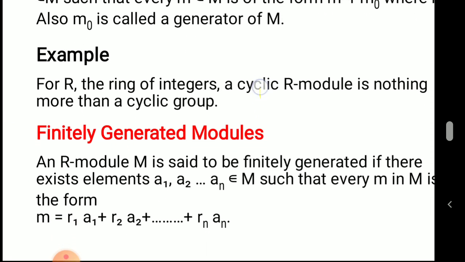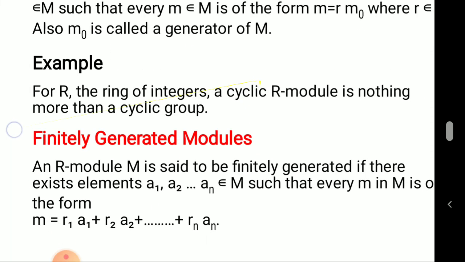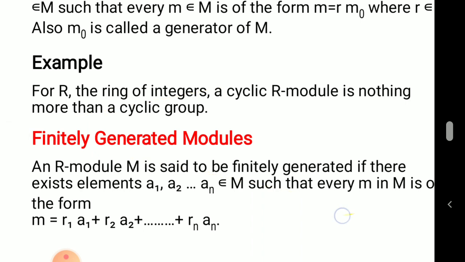Then finitely generated module. An R module M is said to be finitely generated if there exist elements a1, a2, ..., an of the module M such that every element m in module M is of the form m equals r1a1 plus r2a2 plus so on plus rnan.